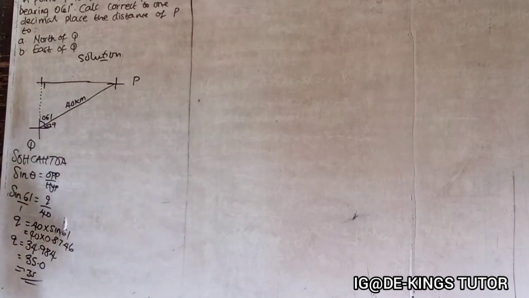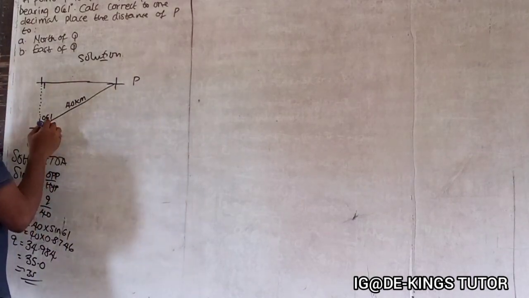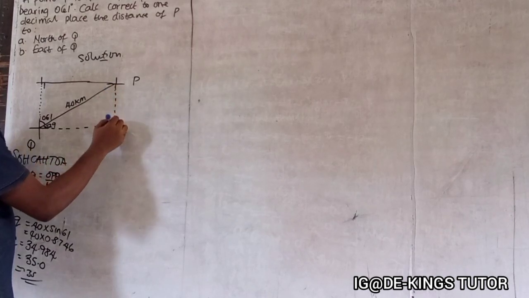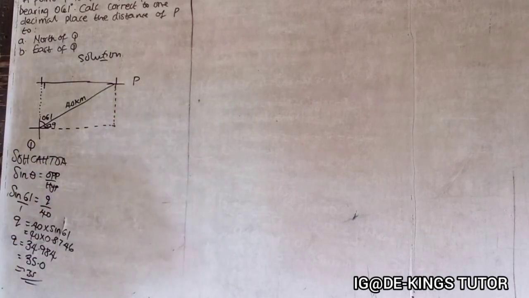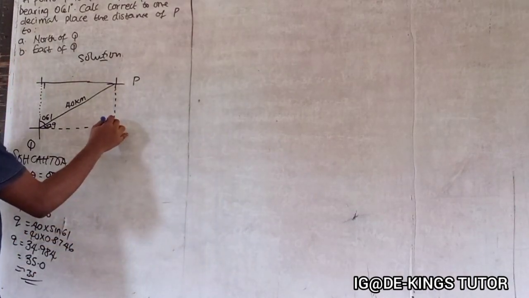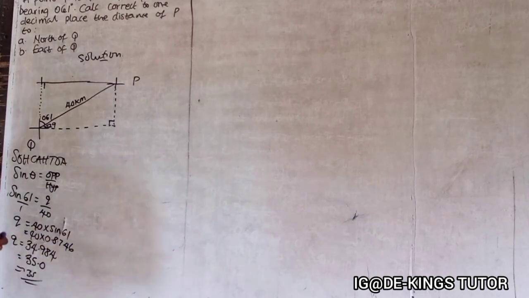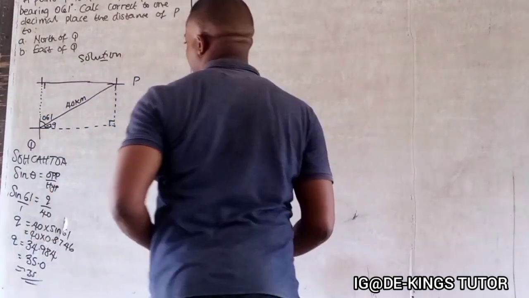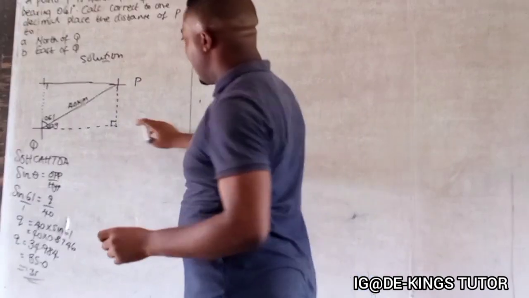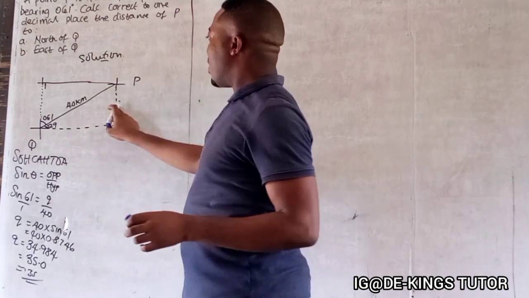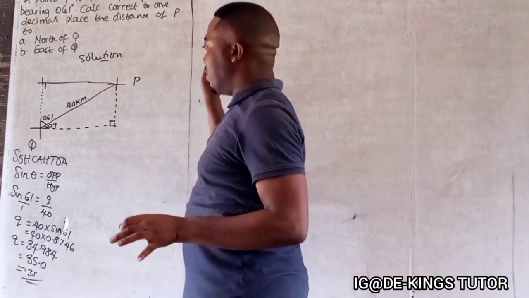You said 29 side. Okay, so it's the same thing. I'm looking for this part. In this part now, this angle is also given, 29 degrees. So here becomes our opposite.